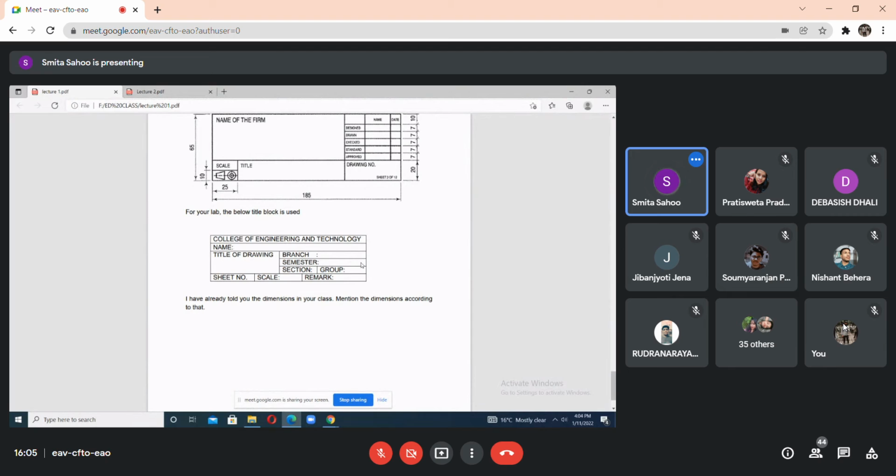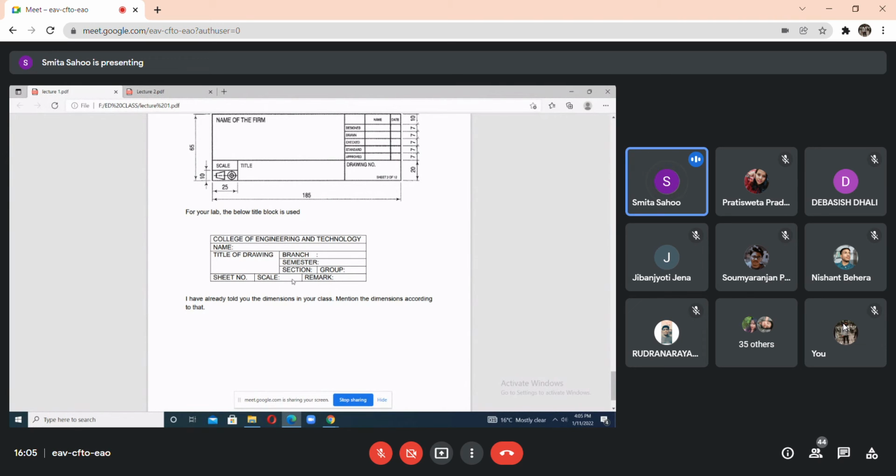Then section you'll write B, and the group as per your group, B1 or B2, you're going to mention. And over here the sheet number: if you're going for lettering, then sheet number 1, dimensioning sheet number 2, projection sheet number 3, like this we go on with the sheet number. And this is the scale.